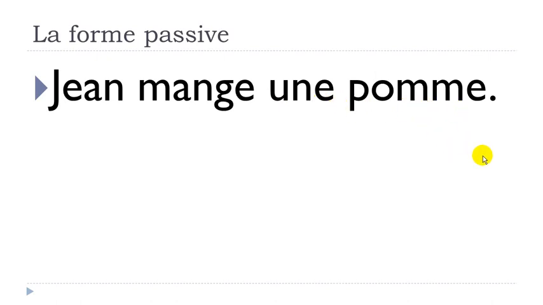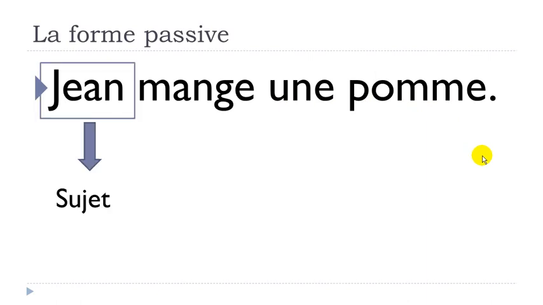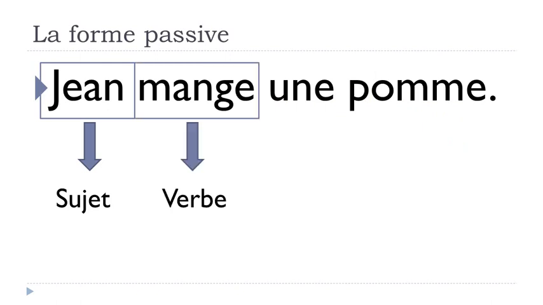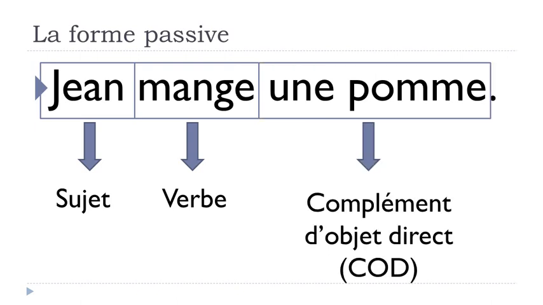So if we have a look at this sentence, of course, Jean is the subject of the sentence. Then we've got mange, manger, so it's the verb. Then we'll have une pomme, so that's what we call complément d'objet direct. I know it's a bit scary.